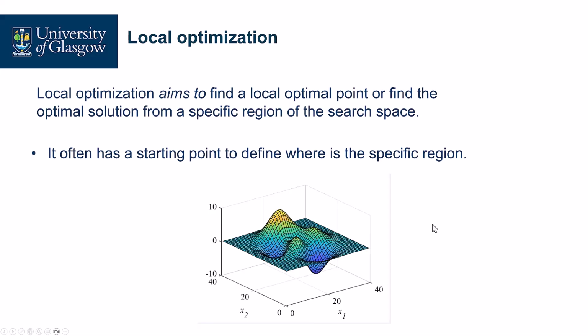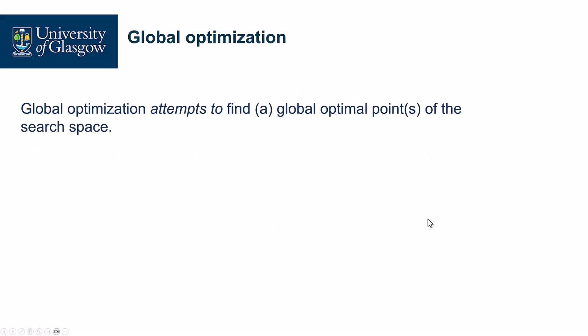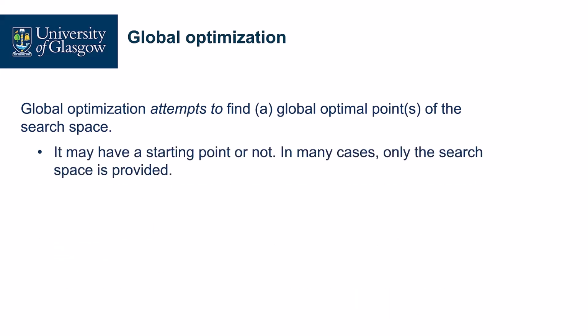In contrast, in global optimization, we aim to find a global optimal point or the points of the whole search space. It may have a starting point or may not, or in many cases, especially in engineering, maybe only the search space is provided, and we need to find the global optimal solutions from the search space.